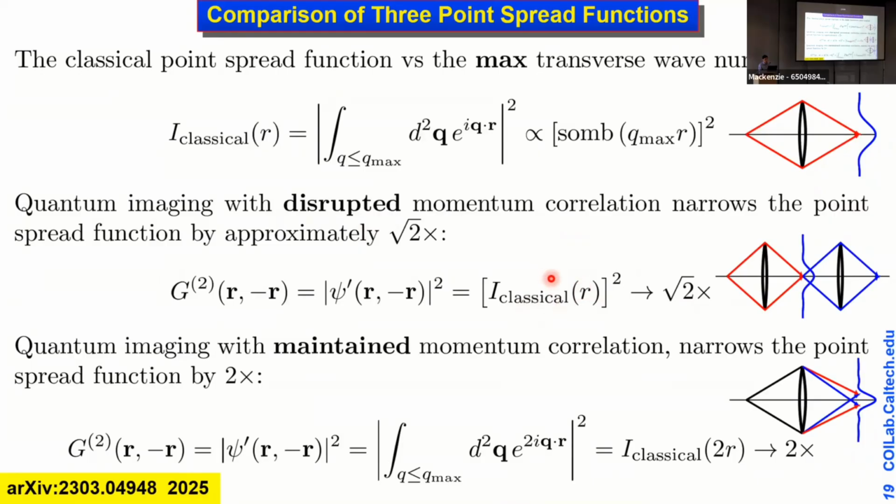One simple way to think about it, if you approximate your classical PSF as a Gaussian distribution, when you square a Gaussian distribution, you will narrow your distribution by root 2. But if you maintain the momentum correlation, you get this 2R as the argument. So that allows you to have a 2x resolution enhancement. So even when you use entanglement, you may achieve different versions.